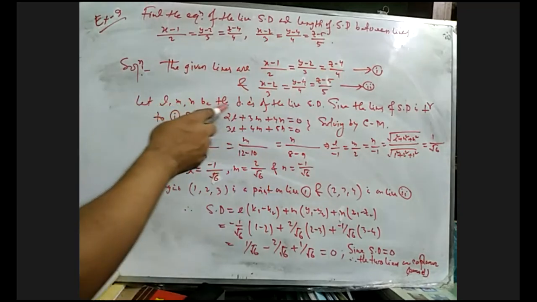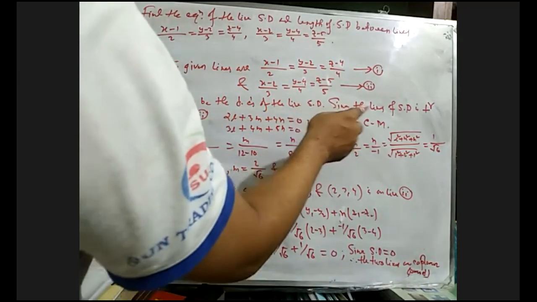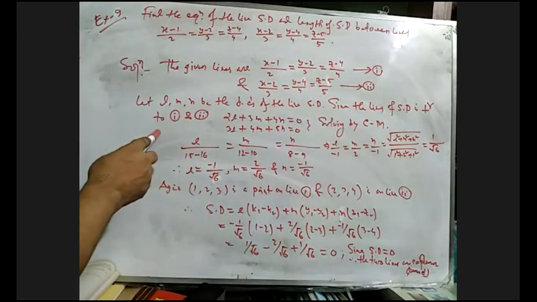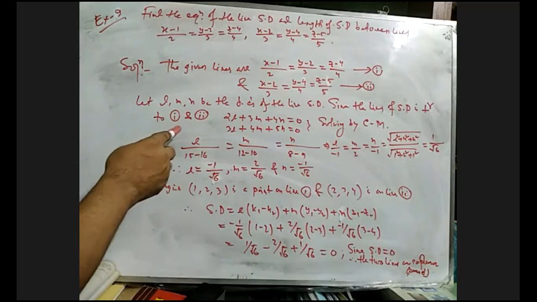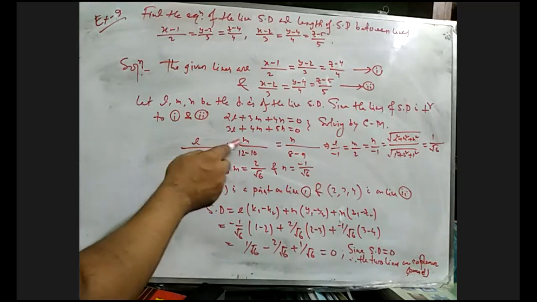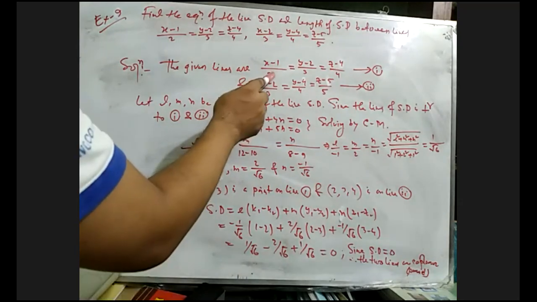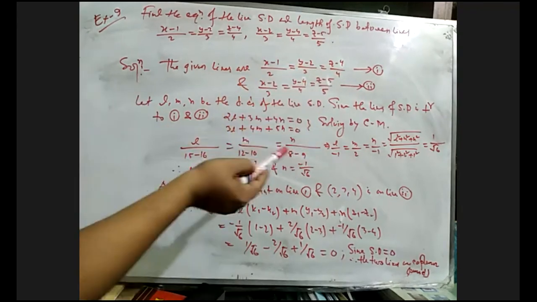Similarly, let l, m, n be the direction cosines of the shortest distance. Since the line of shortest distance is perpendicular to lines 1 and 2, we get 2l plus 3m plus 4n equals 0, where 2, 3, 4 are the direction ratios.